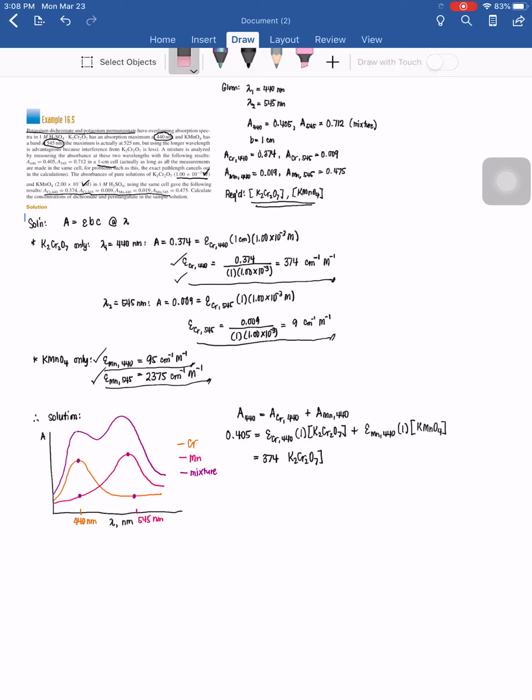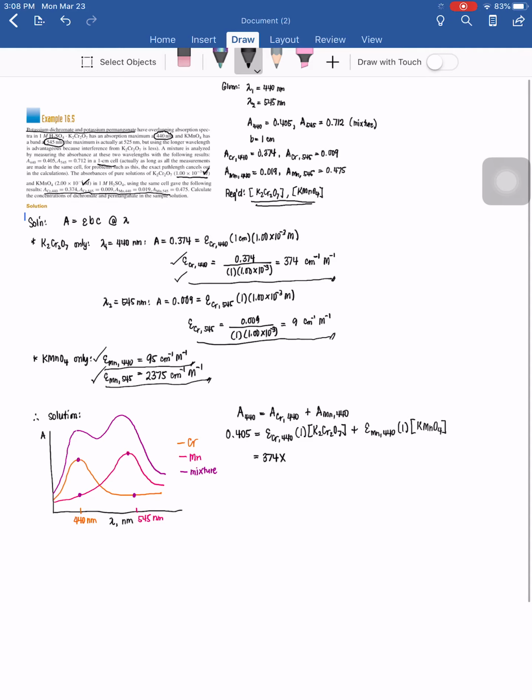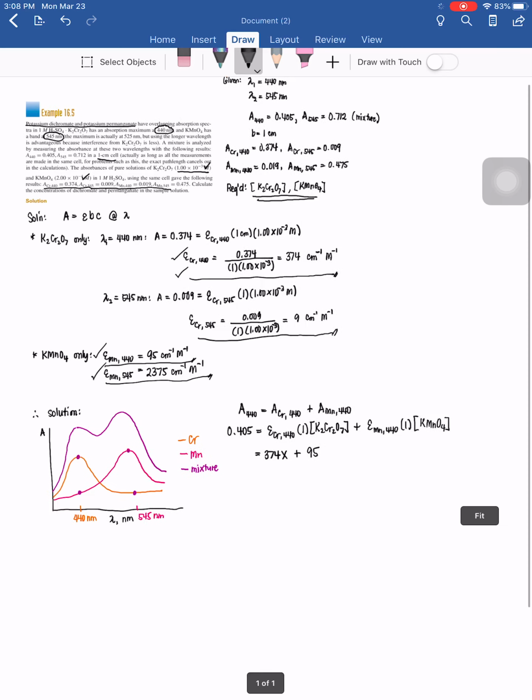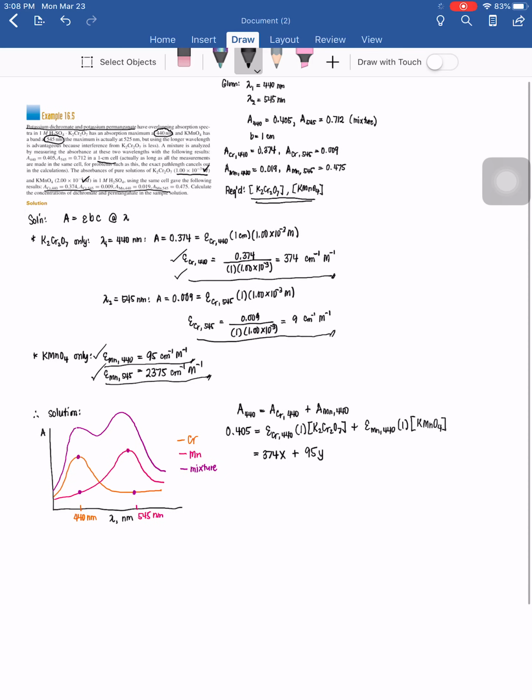Let's just have it as X instead. Plus the molar absorptivity of our permanganate at 440 nanometers, we've computed earlier, that's equal to 95, times the concentration of potassium permanganate, which we'll refer to here as Y.